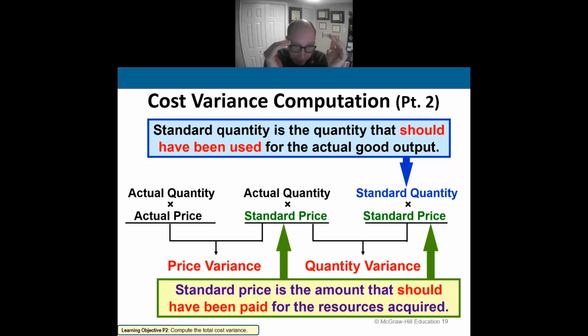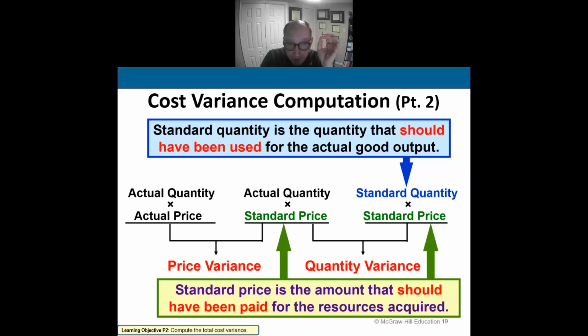Remember the little parentheses. You do the multiplication first. Then you do the addition and subtraction. So actual quantity times actual price minus actual quantity times standard price will give us the price variance. We also need to find the quantity variance, the difference in quantity.